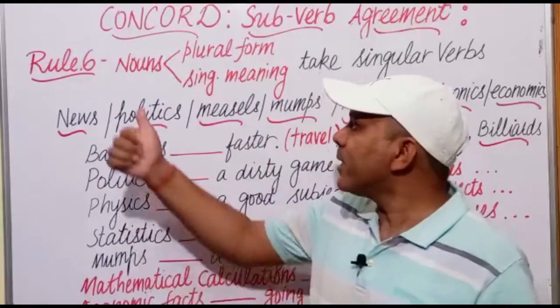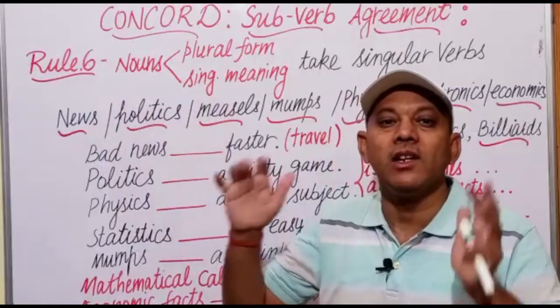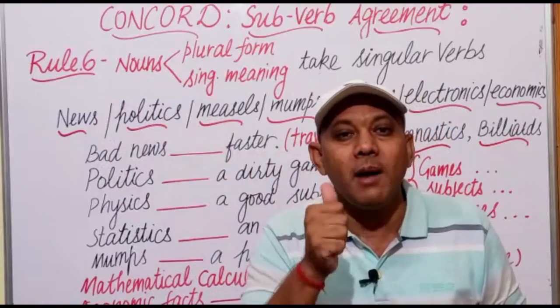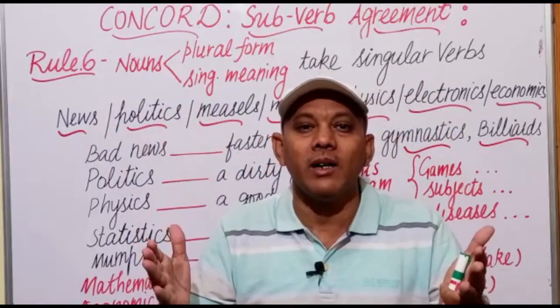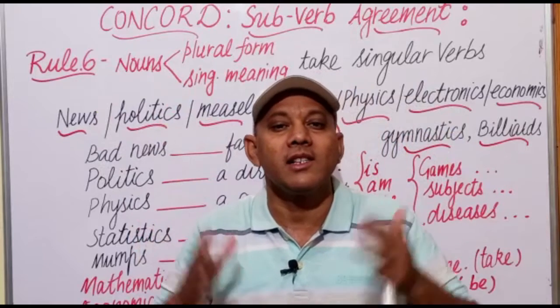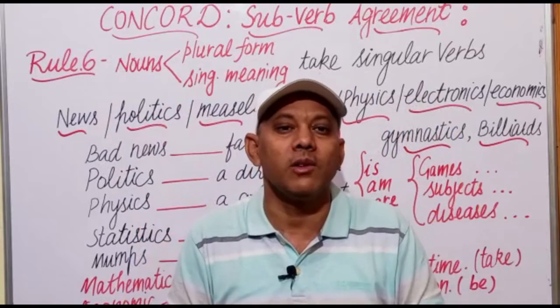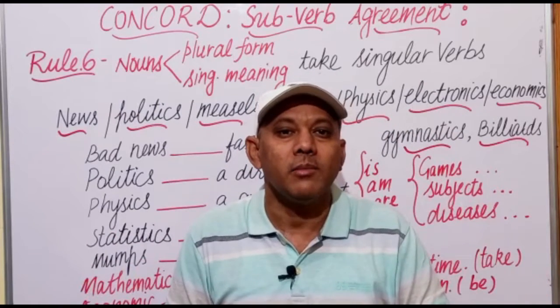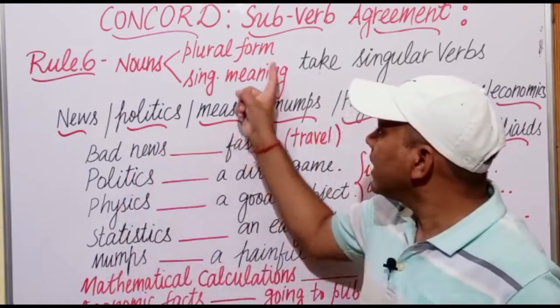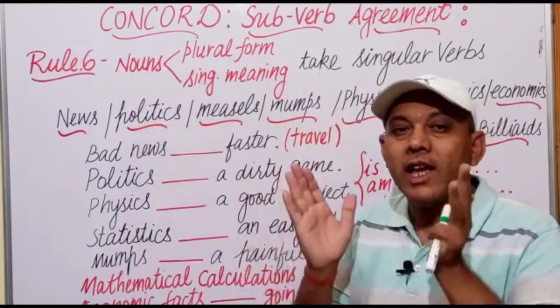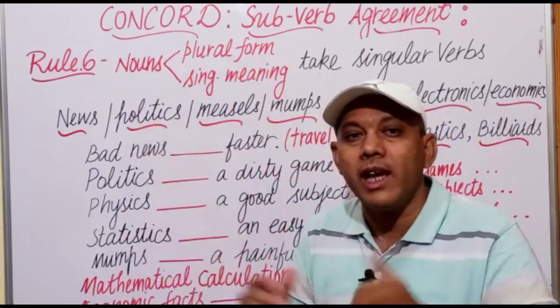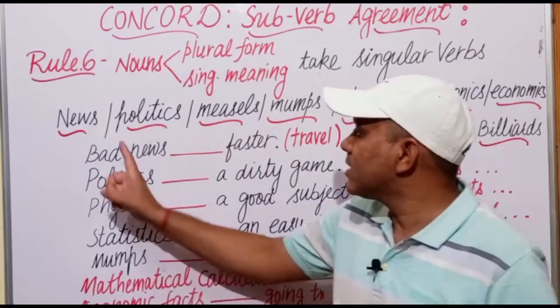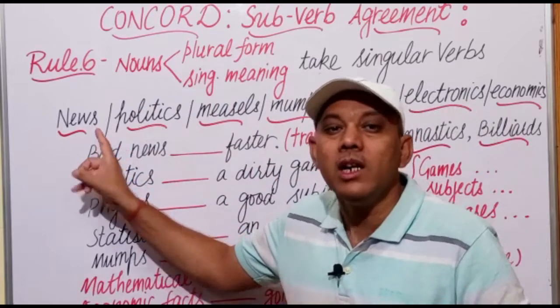And as per the subject verb agreement rule, the basic thumb rule, a singular noun takes a singular verb, and a plural subject takes a plural verb. Here, these words end in s or es, but they are singular in meaning.